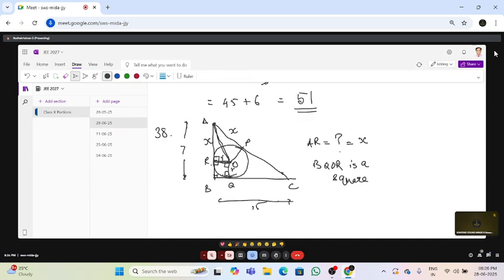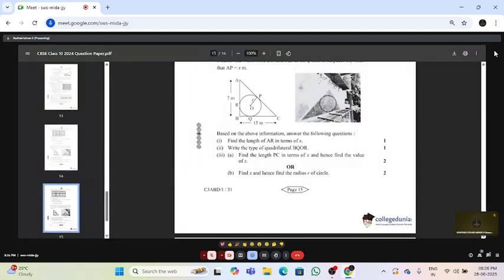And then what is the other question? Find the length of PC in terms of x and hence find the value of x. Find the length of PC in terms of x. PC, what is this in terms of x?